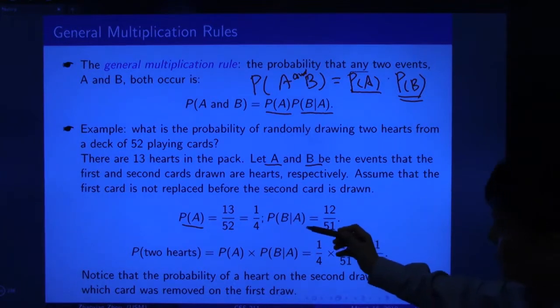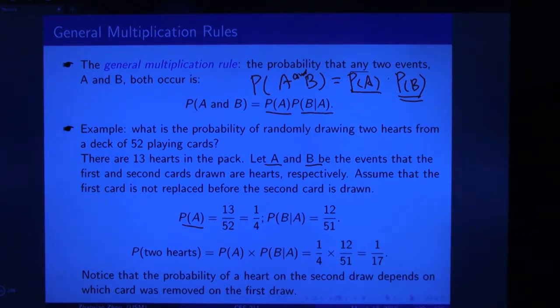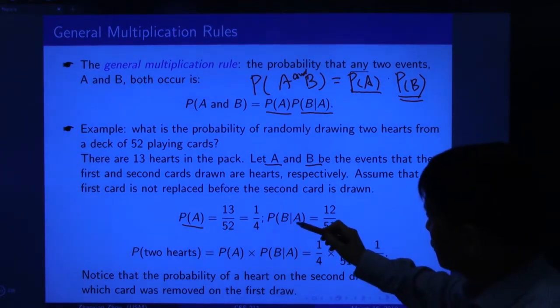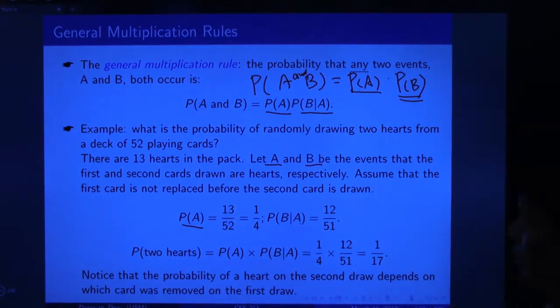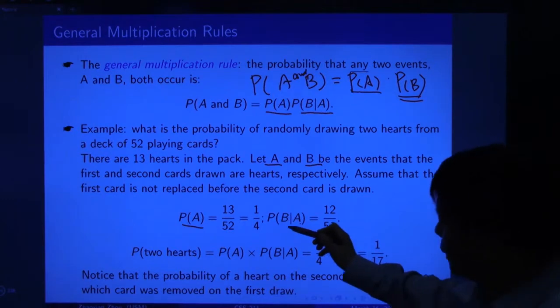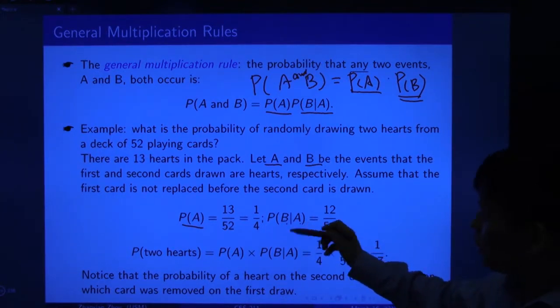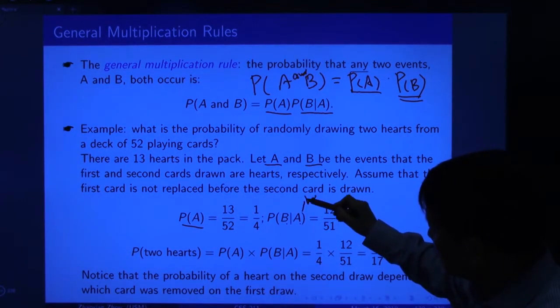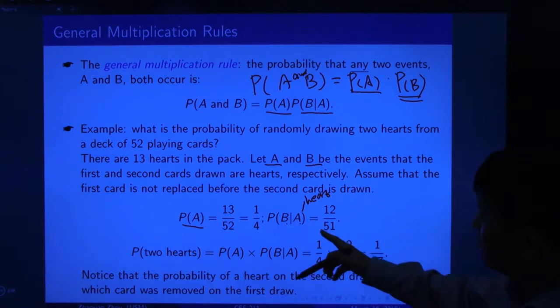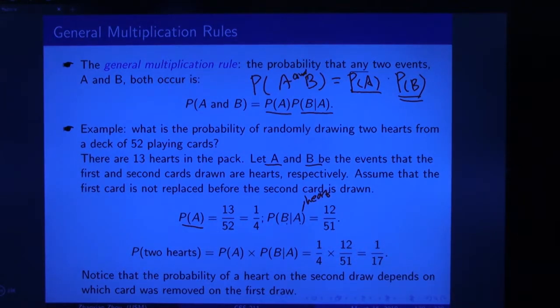And if the first card is a heart, that means on the condition that A occurred, what is the probability for B, that the second card is also a heart? Because the first card is already a heart, we have only 12 hearts left.